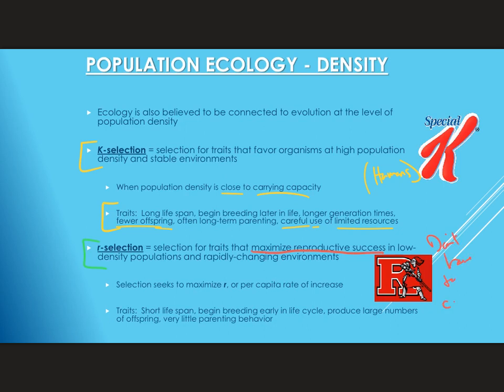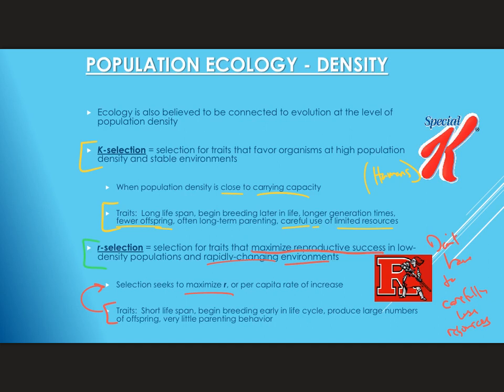You don't have to carefully use resources in this scenario. And these are also traits that are useful if your environment is rapidly changing. In other words, these are behaviors that will maximize your rate of increase. So notice this is basically the opposite of what we do.